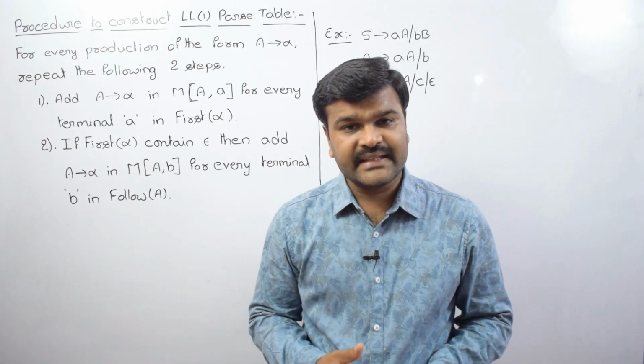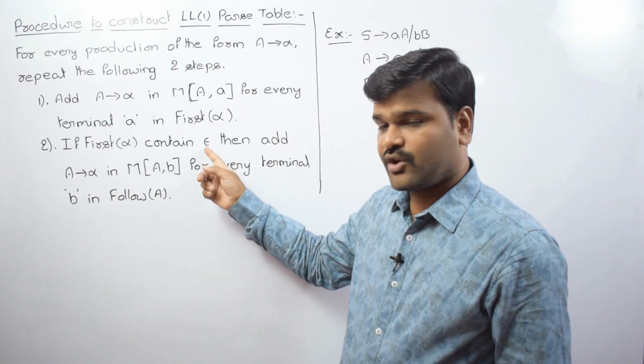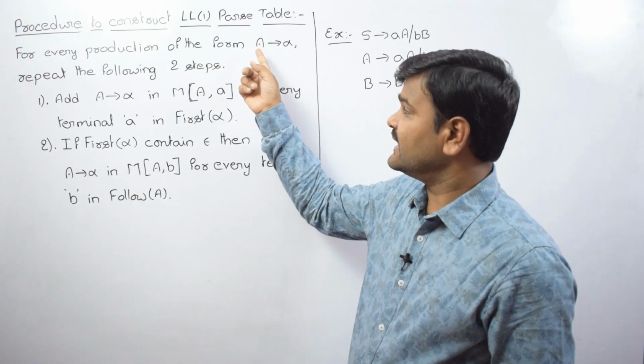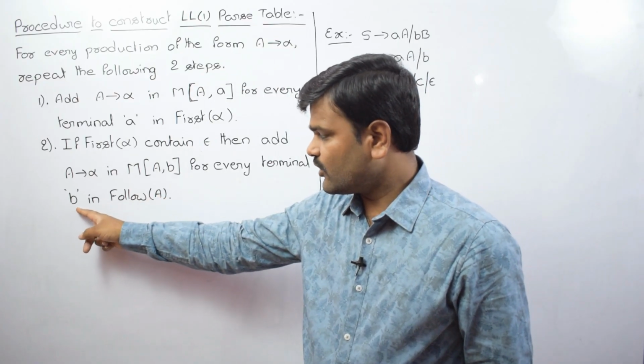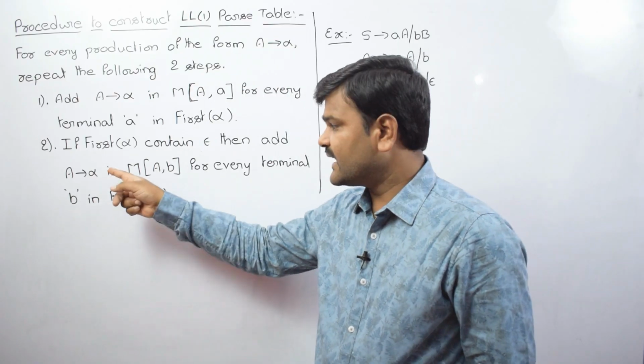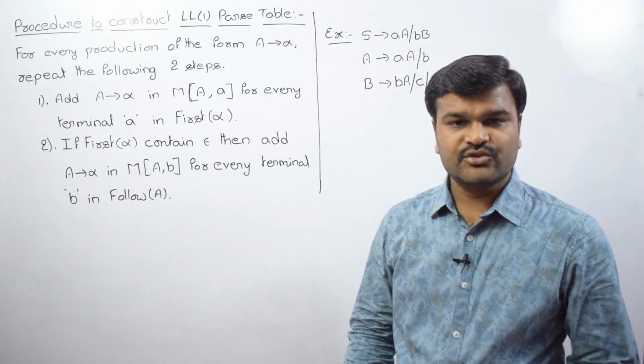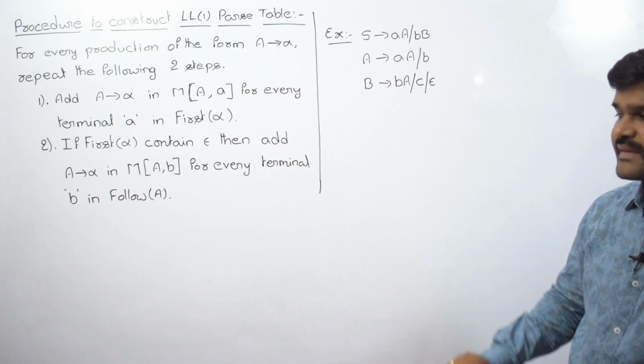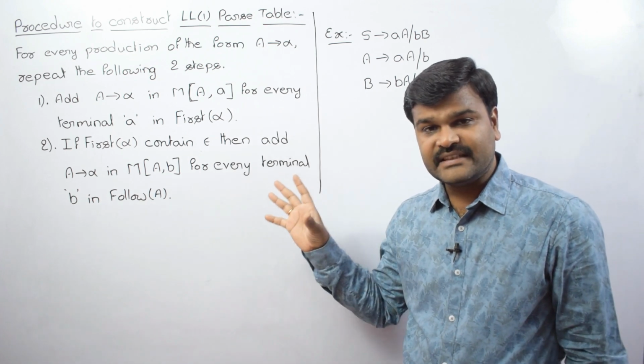So whenever you get epsilon, you find the follow of A, and under those follow of A terminals, we add this production. Let us try to understand these two steps clearly.